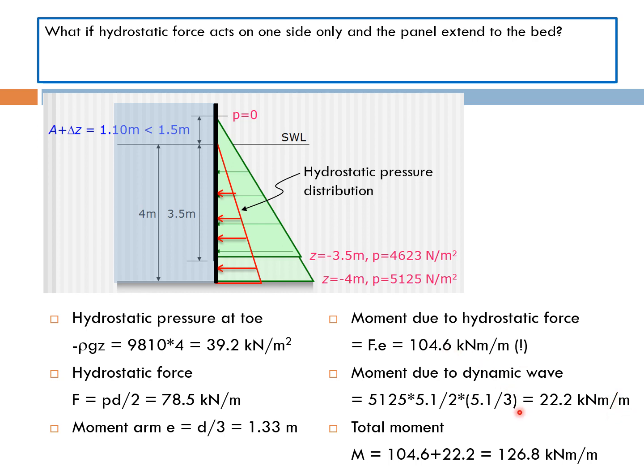If we sum up the two, the total moment now acting on this vertical structure is about 126.8 kilonewton meter per meter, taking note that in this case the moment due to the hydrostatic force is much larger than the moment due to the dynamic wave.